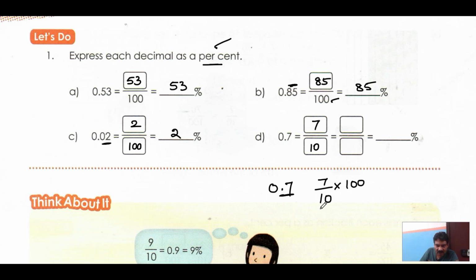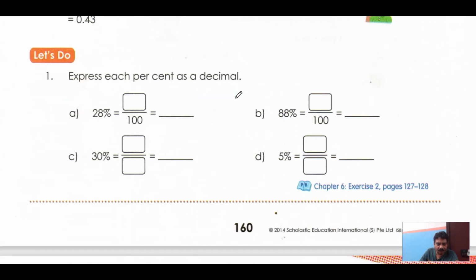If you don't have 100 in denominator, better you multiply with 100, right? Then it becomes how much? 7 into 100 by 10. 10 ones are 10, 10 tens are 100, so 7 into 10 is equal to 70%. Now you got this 70%, right? That is 70 by 100, it becomes 70%.